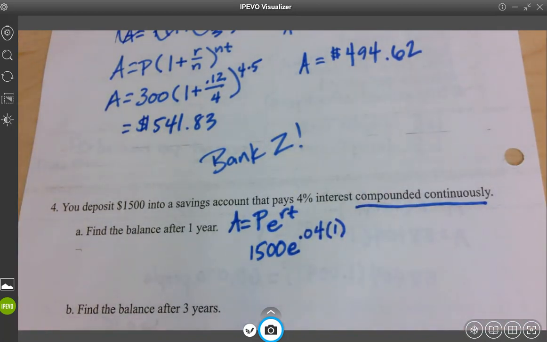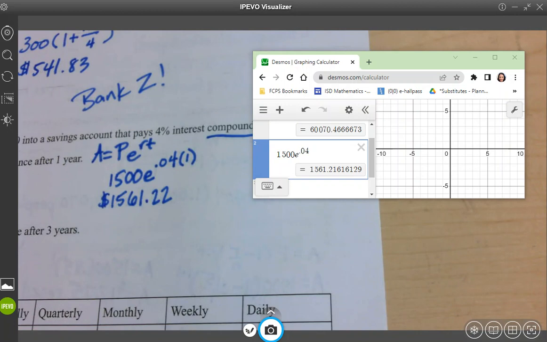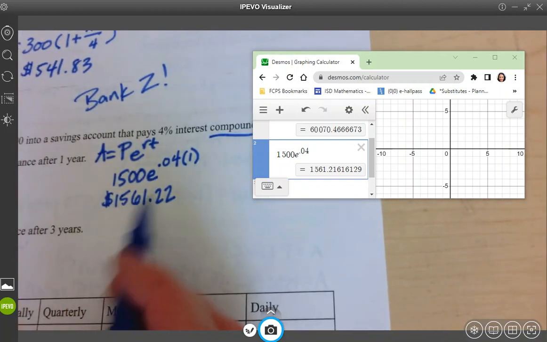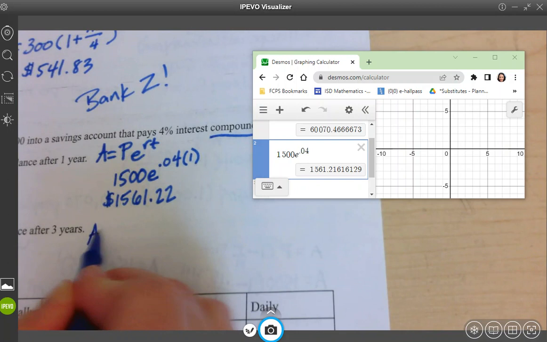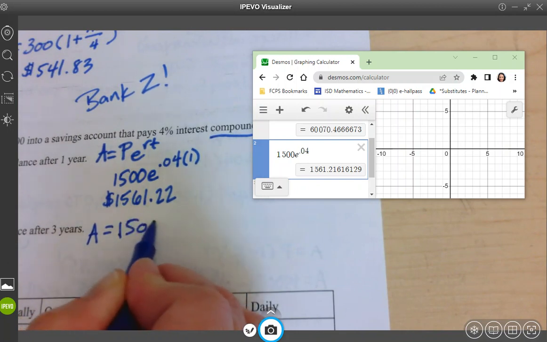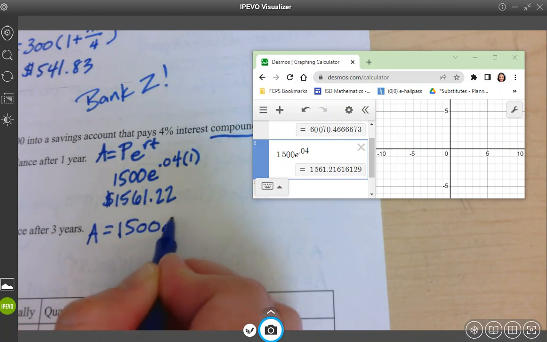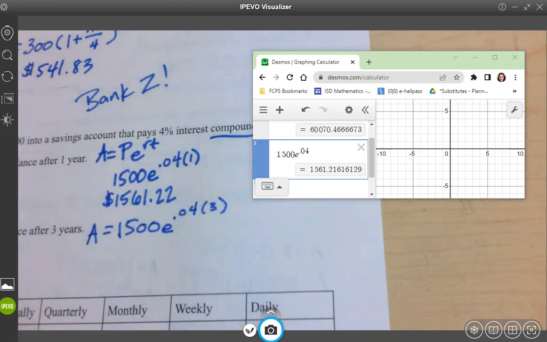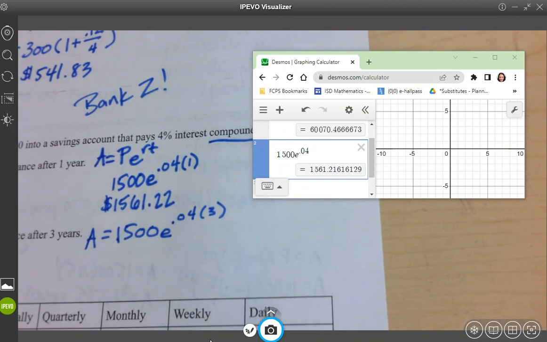So let's type that into Desmos, see what it gives us. All right, let's do the last one here. So find the balance after 3 years. Sometimes for the exponent, it's kind of picky.